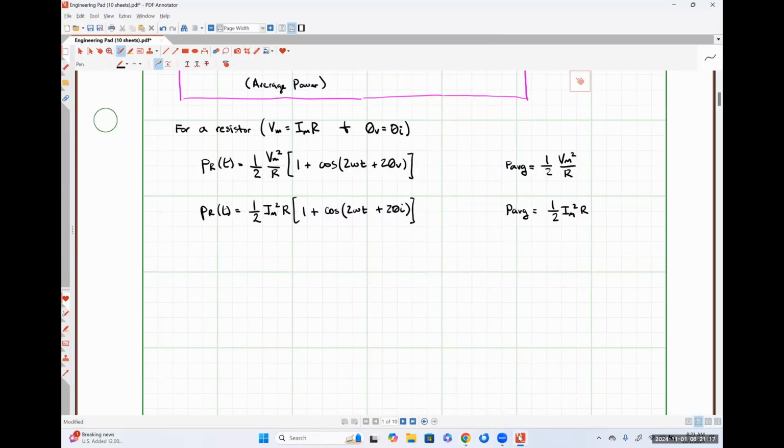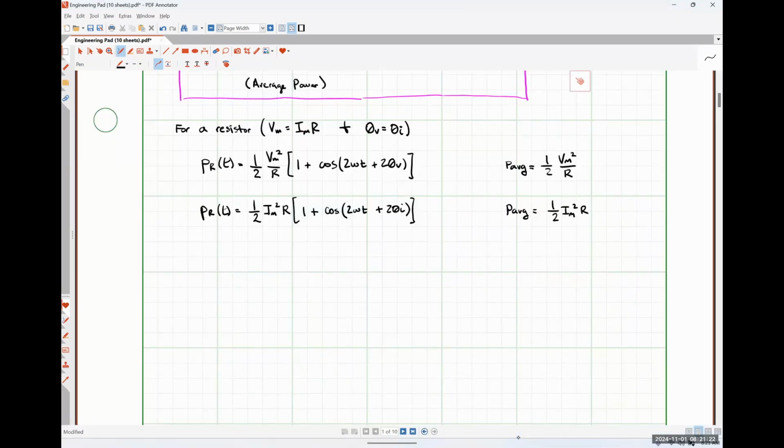So now let's look at relationships for an inductor. For an inductor, we know that the magnitude of our voltage, Vm, should be omega L times the magnitude of our current. And we also know that theta V will be equal to theta I plus 90 degrees.